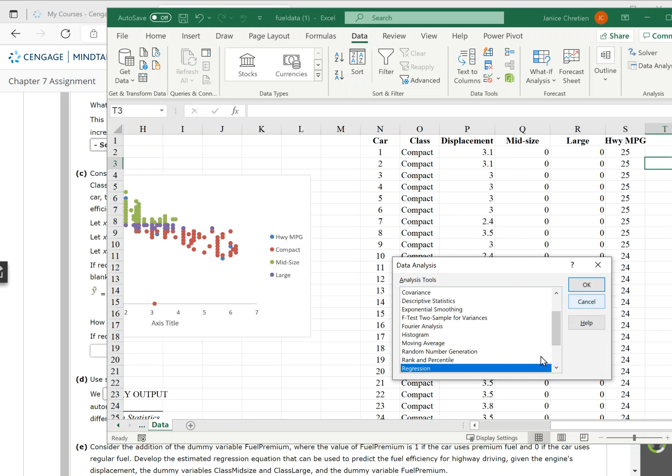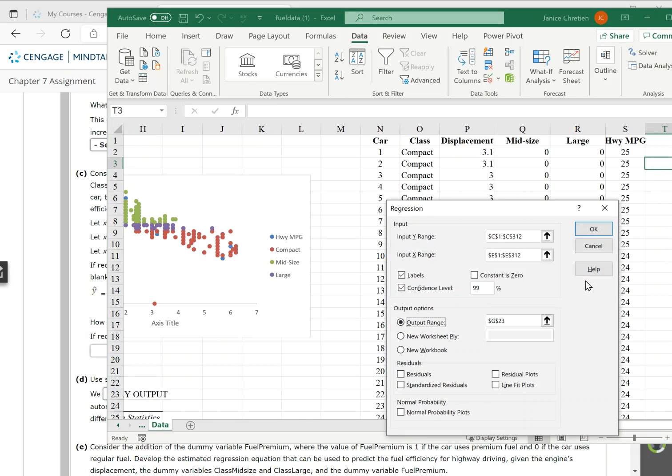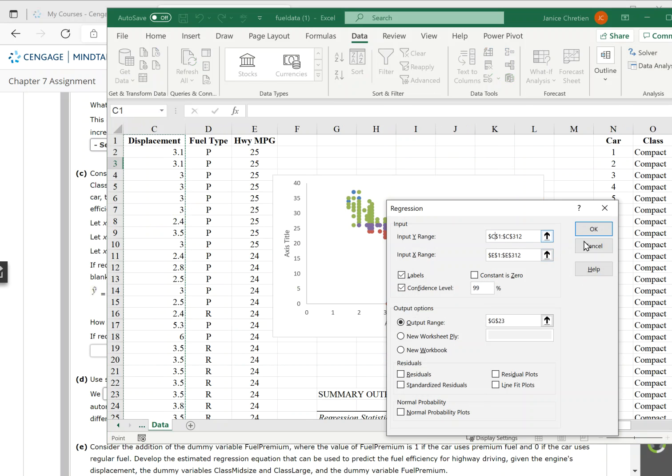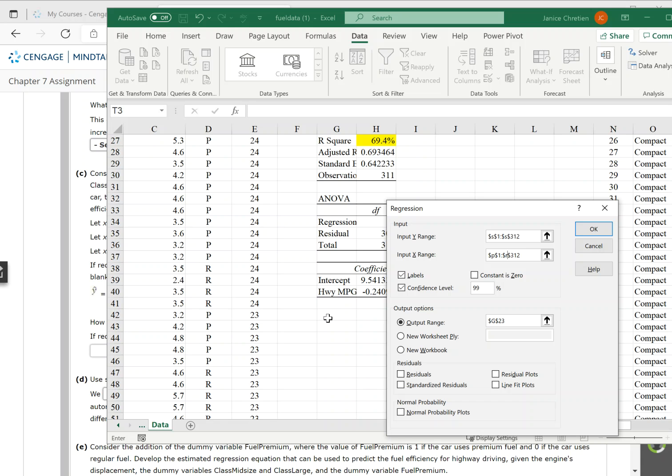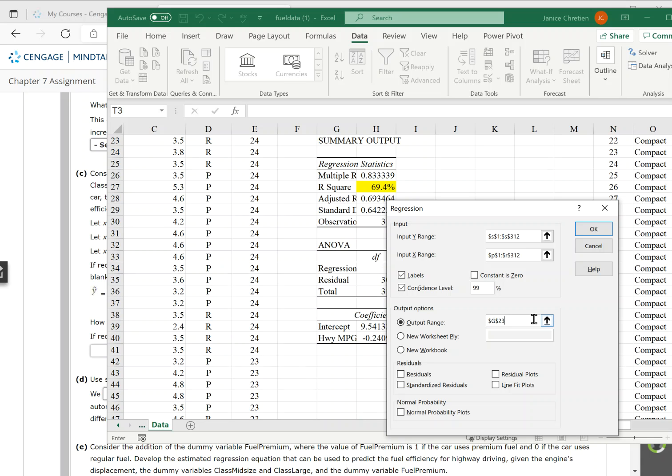So data analyze, regression, my y is going to be S. My x is going to be P through R. And my output range, let's put it right here. That's G45.